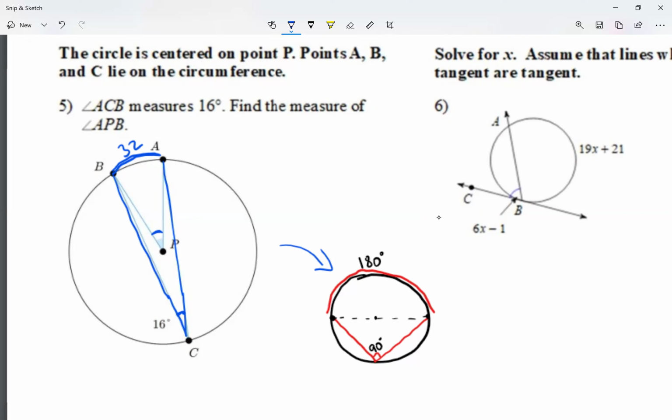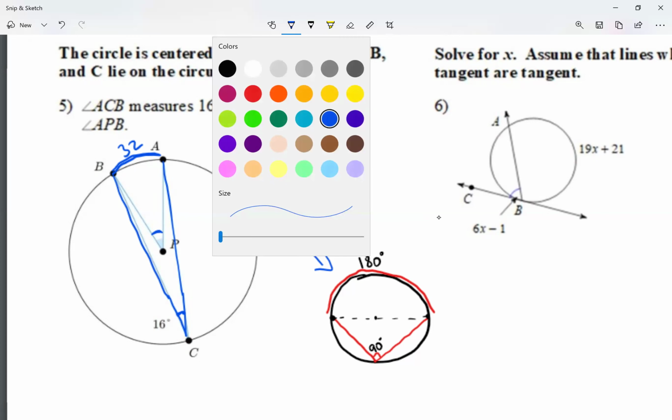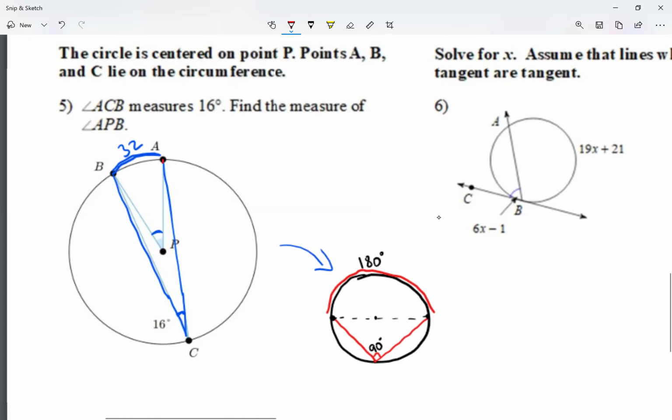Okay. Now, my question here was find the measure of angle APB. So let me do that here, in red. APB is a central angle. Can you guys see it? APB is a central angle. That angle creates the arc 32.